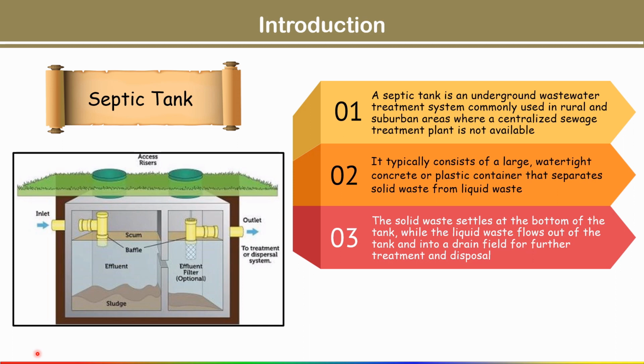Now the solid waste settles at the bottom of the tank while the liquid waste flows out of the tank and into a drain field for further treatment and disposal. Our main target in using a septic tank is to slow down the movement of raw sewage and wastage passing through.